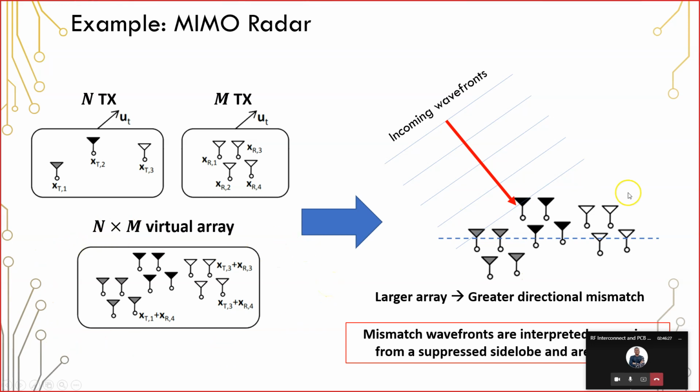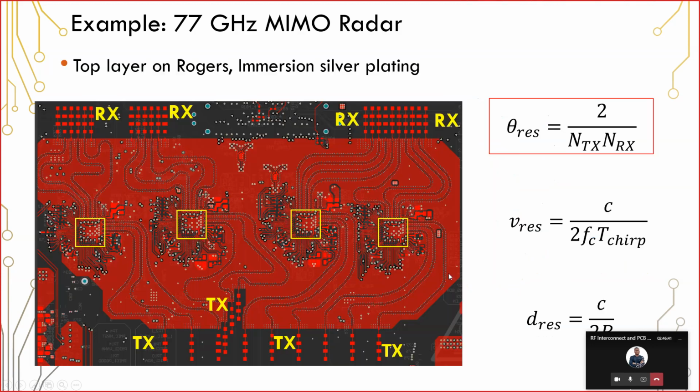And so when they all work together and send and receive simultaneously, even though this may be at different frequencies depending on how multiplexing is applied, these antennas are going to act like a much larger antenna array. The reason we would want to do that is because this angular resolution, or the angular span on our emitted beam, can actually be made much smaller by adding in more and more antennas.